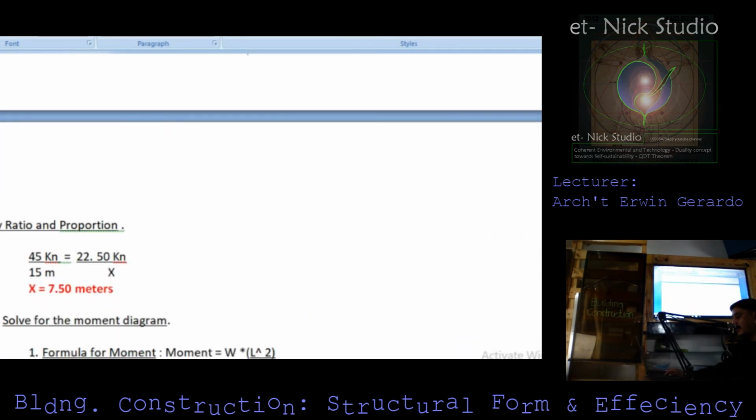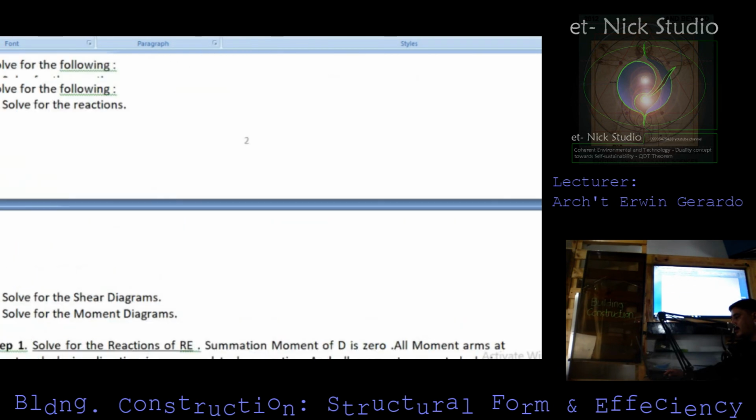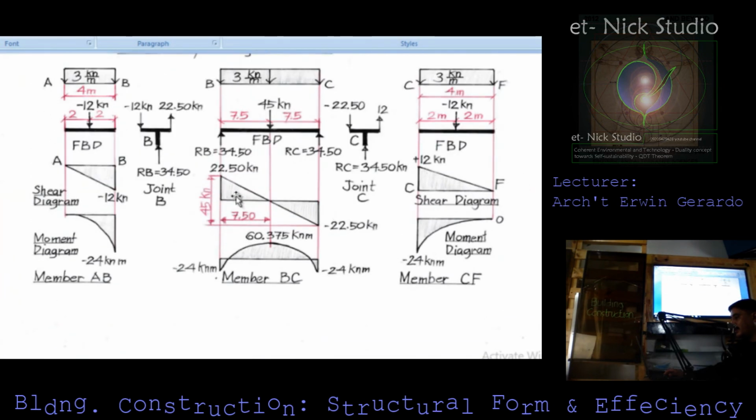By ratio and proportion, we have 45 kilonewton divided by 15 meters equals 22.5 kilonewton times x. Therefore, the distance is 7.5 meters, which is what we are referring to here.